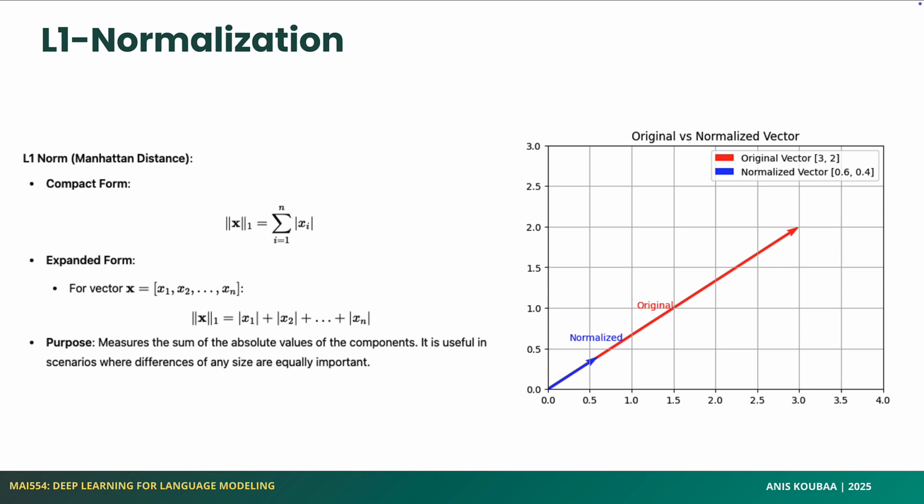The Manhattan distance is not linear like this. It takes different steps until it reaches the value. It's another way of measuring distance, and mathematically it's expressed as the sum of the absolute values of the coordinates. That's by definition.